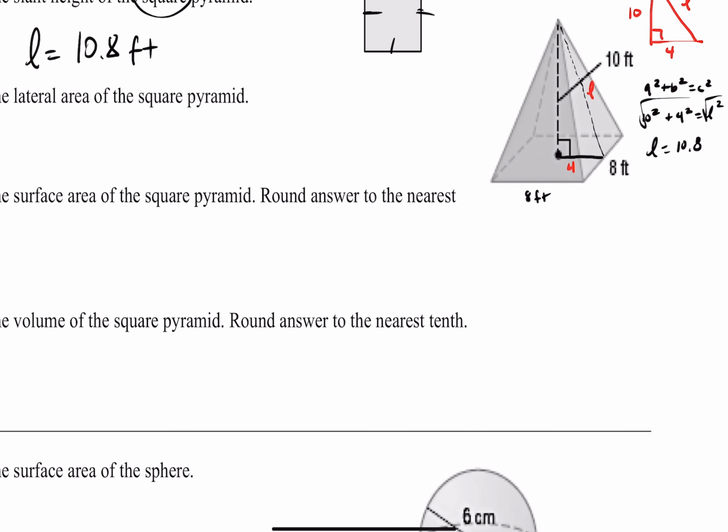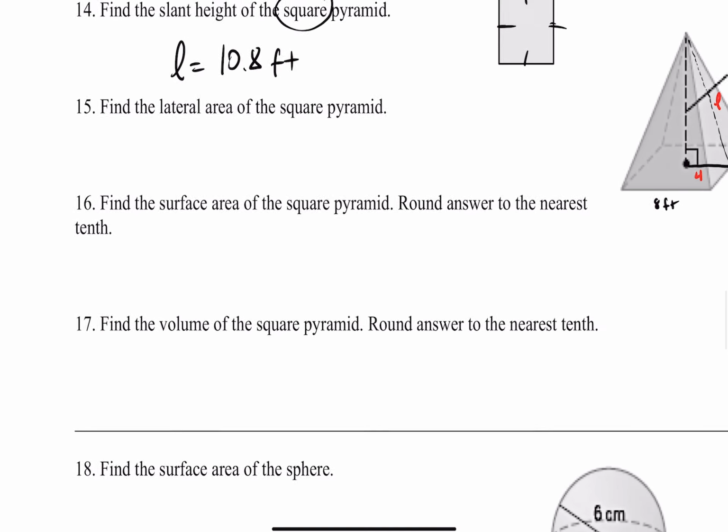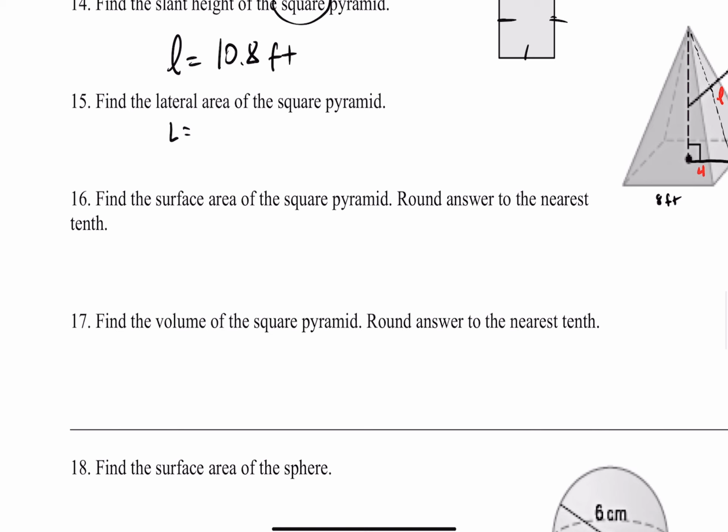Well, it's a square pyramid, right? So if it says square pyramid, then the base of the pyramid is indeed a square. We'll get back to that. So let's write L equals 1/2 the perimeter of the base, the perimeter of the square, by the way, multiplied by the slant height.